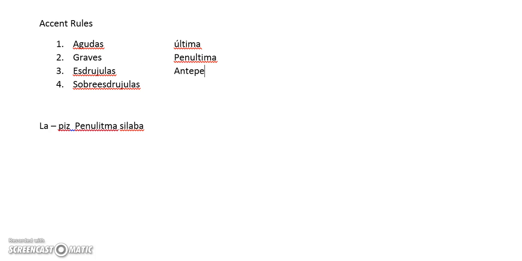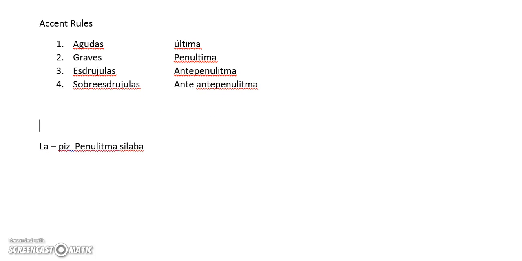Esdrújulas, the stress falls on the antepenúltima sílaba. And sobreesdrújulas, on the sílaba before the antepenúltima. The syllable that has the stress in Spanish is known as the sílaba tónica, the syllable with the stress.